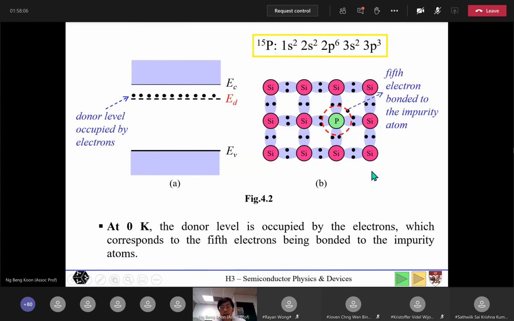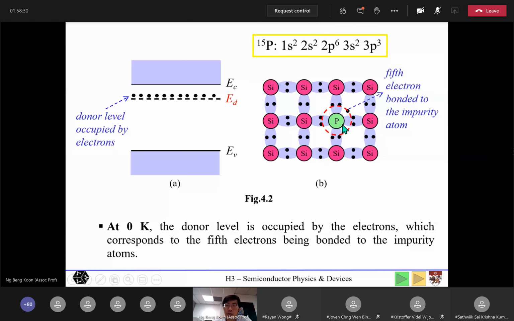Now, when we say we put doping in a semiconductor, essentially the process removes a silicon atom and replaces it with the dopant atom. In this case, let's say we use a phosphorus atom to dope the semiconductor. The process would effectively take out a silicon atom and put this phosphorus atom into the lattice site.